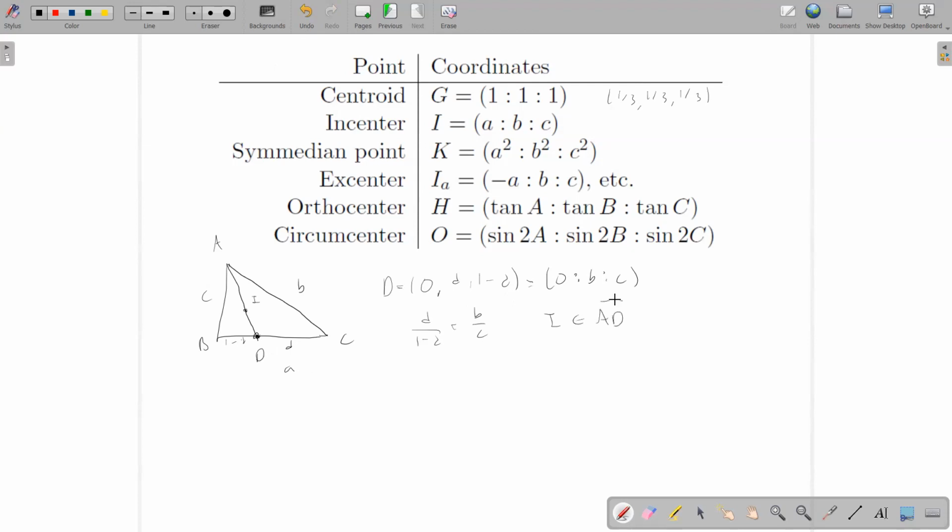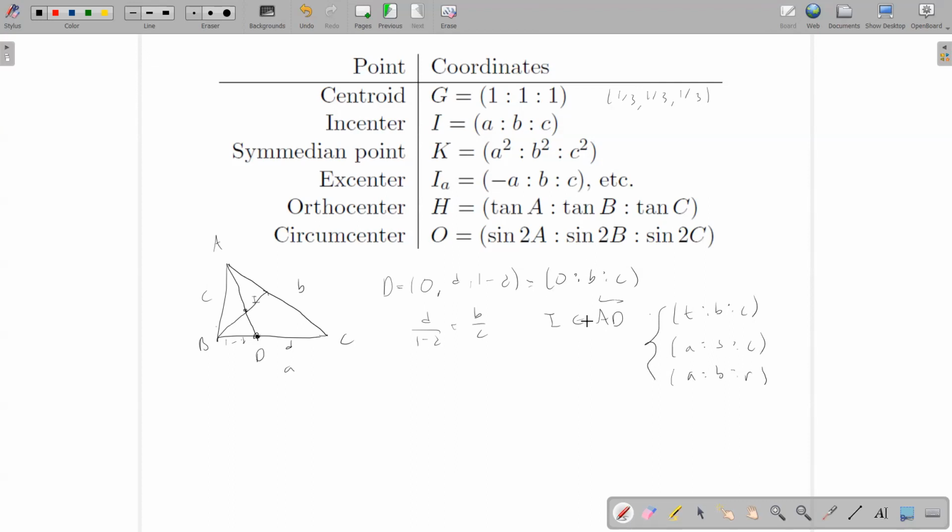And then since I is on AD, and AD has parametrization t, b, c, you just have to find t. But then you do the same thing with the other angle bisector, and you see that I should have parametrization a, s, c. And if you do the third angle bisector, it should be a, b, r.